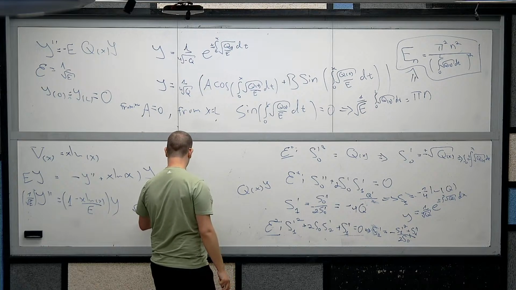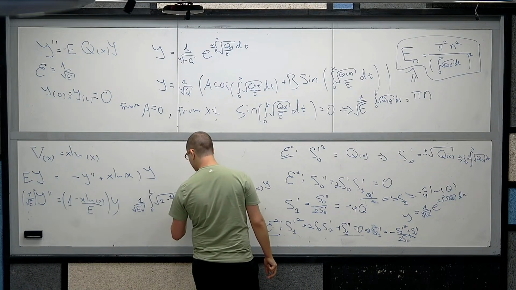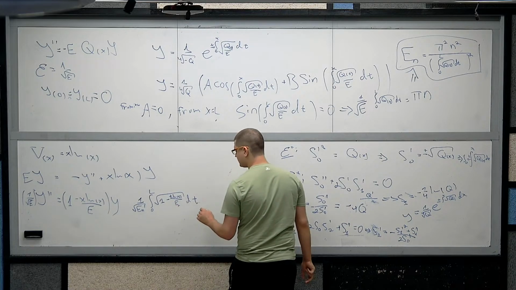X ln x divided by En. I should write it with T. Oh, that is horrible. What did I do? That is bad. That is as bad as possible.